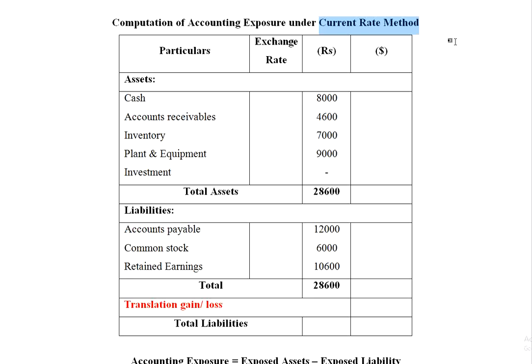My dear friends, be very cautious, listen to these my words. To prepare this current rate method, we have to use the specimen format, which I have already given in the very first class while doing the problems related to imports and exports, for all the four types of translation exposure, like current rate method, monetary and non-monetary method, current and non-current rate method, and temporal method.